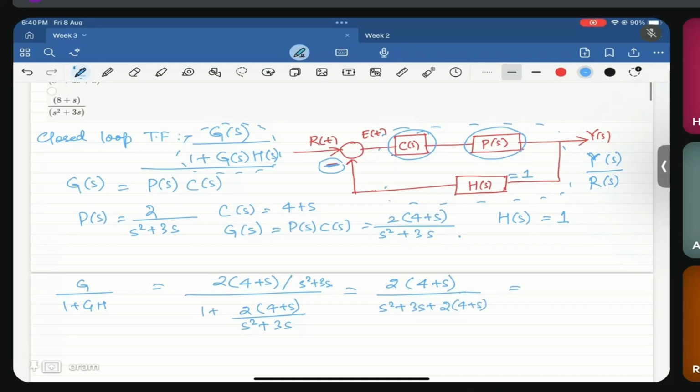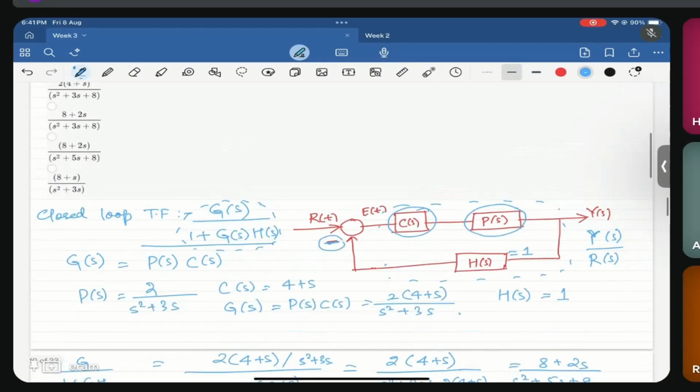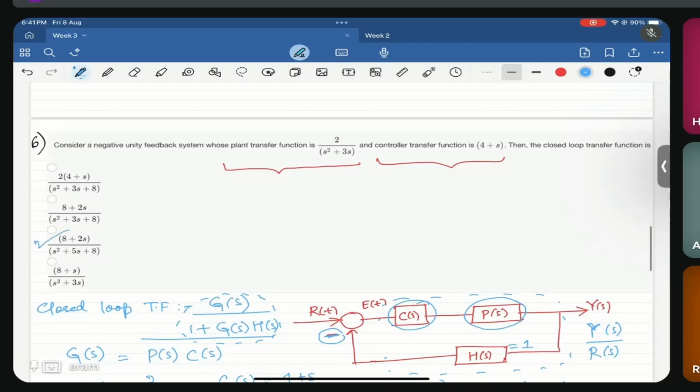We can combine the terms. So it is 8 plus 2s divided by s square plus 5s plus 8. Okay, so which option is correct? Option C.